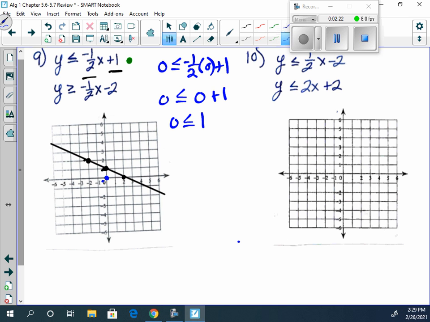Yes. On the ones we did yesterday, we would have shaded towards 0, 0. But with these systems of inequalities, we're just going to draw arrows pointing down in that direction, because we still need to graph the other line and figure out which side to shade. So we'll wait on shading.